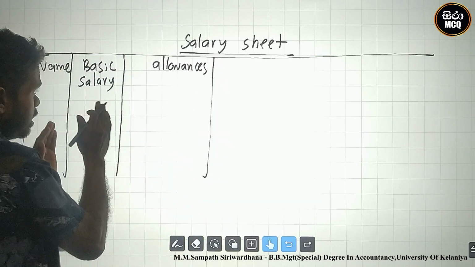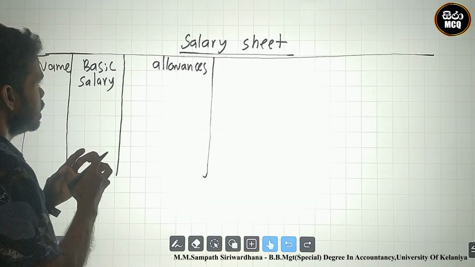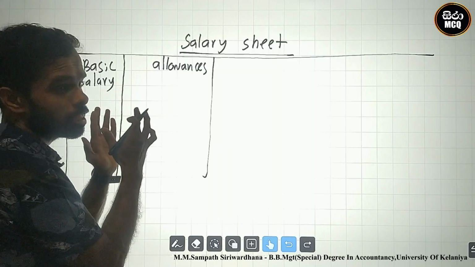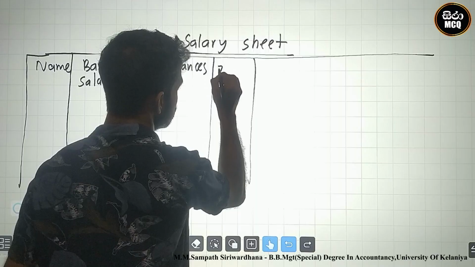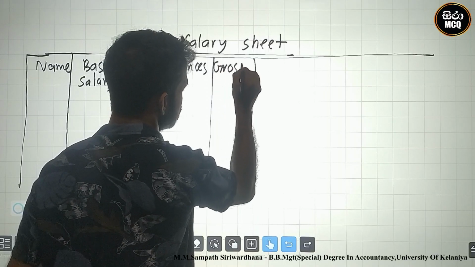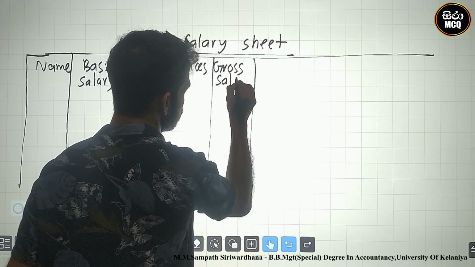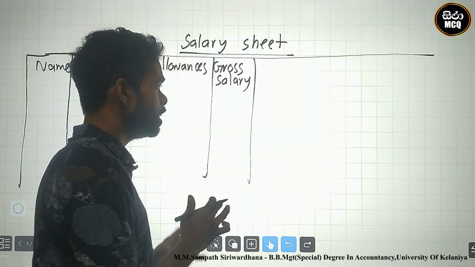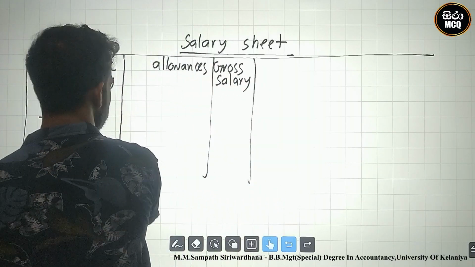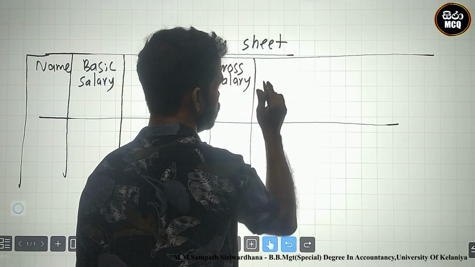After accumulating the basic salary plus allowances, we can identify the gross salary. After that, there are so many deductions, therefore I identify deductions.